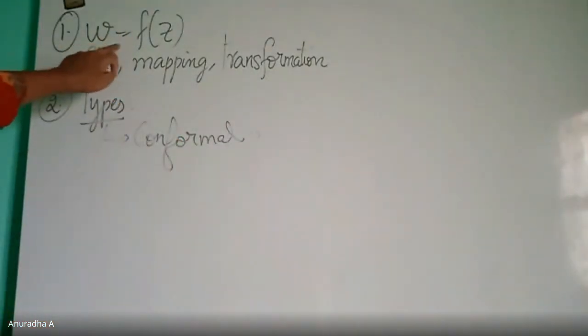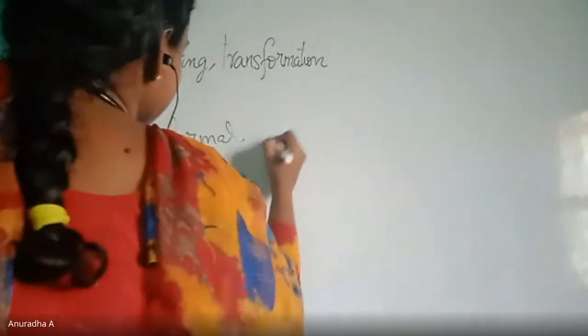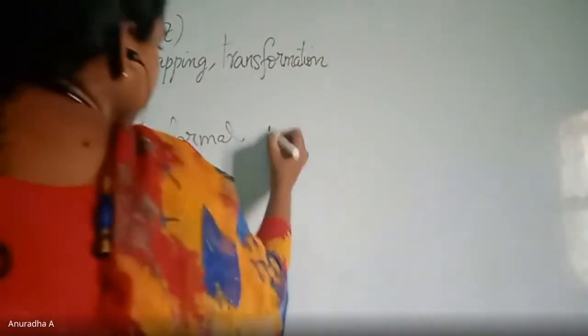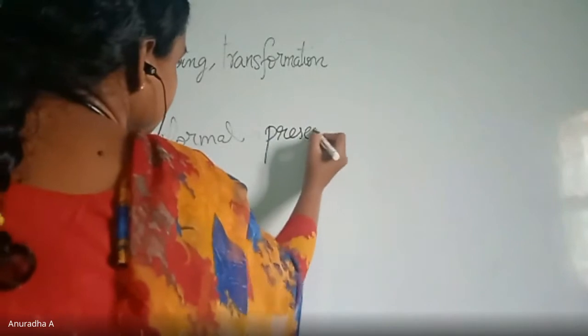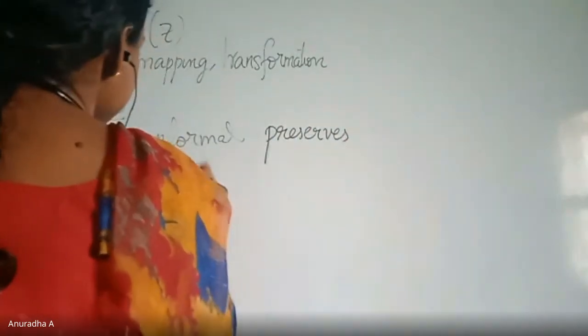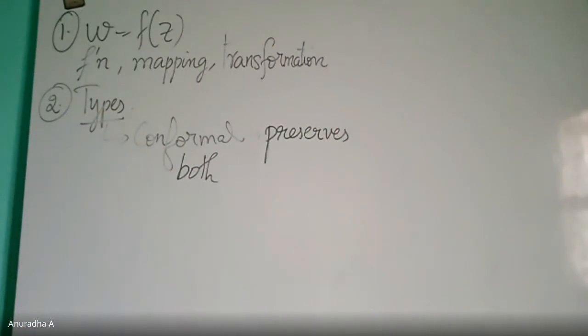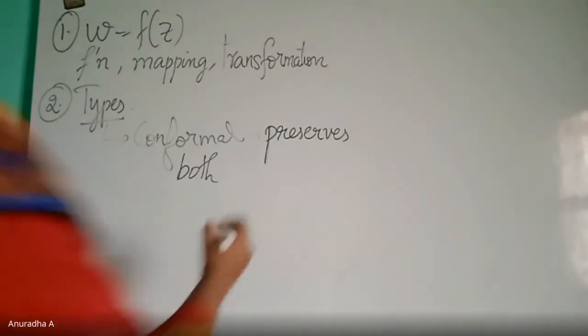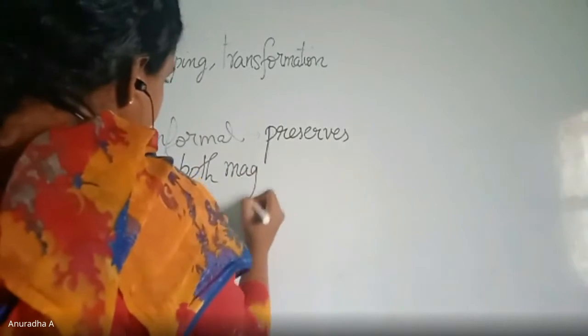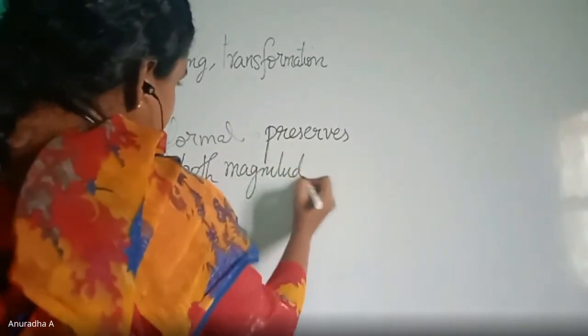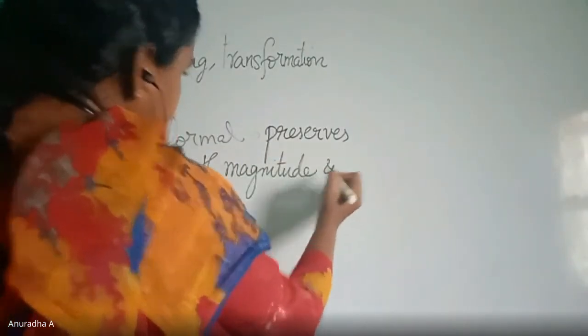A mapping w equal to f of z which preserves both magnitude and argument.